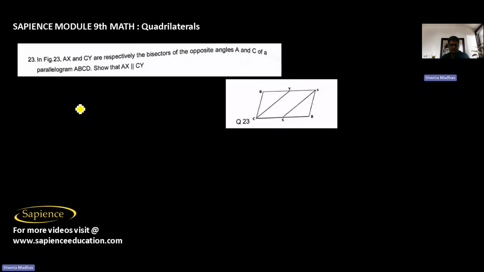Then in question number 23, it is given that AX and CY are respectively the bisectors of the opposite angles A and C of a parallelogram ABCD. Show that AX is parallel to CY.